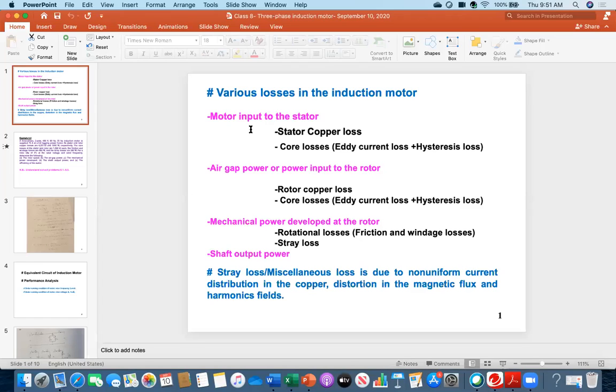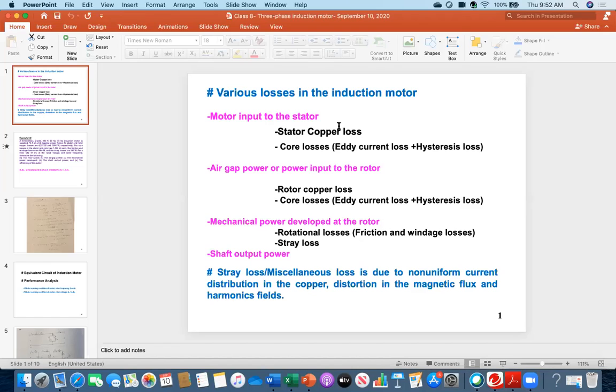Now, once you apply the motor input to the stator, I drew that it's a circular body. It's like a magnetic material on which you are placing the coil. Therefore, through the coil, it will have copper loss. That's why I have written stator copper loss. When I draw a picture, it will be clear to you.